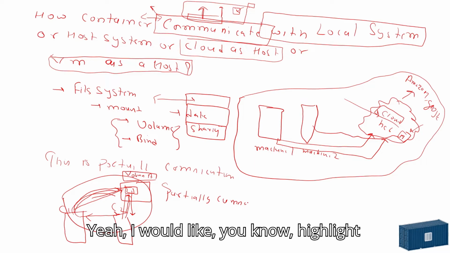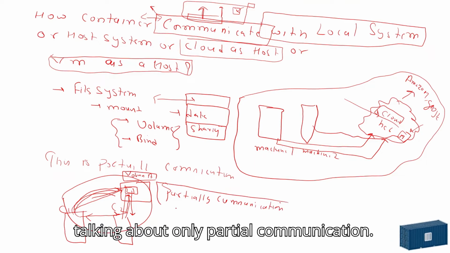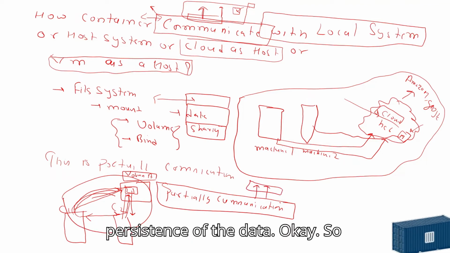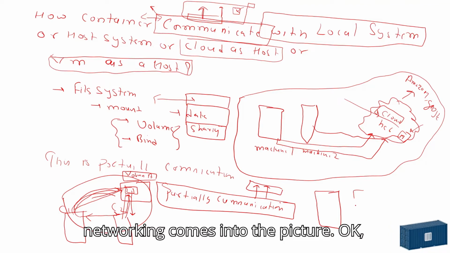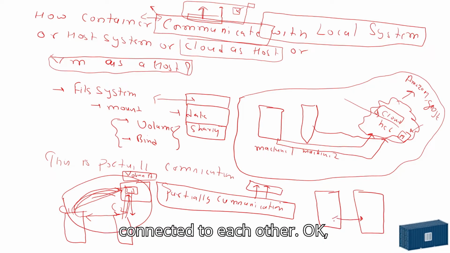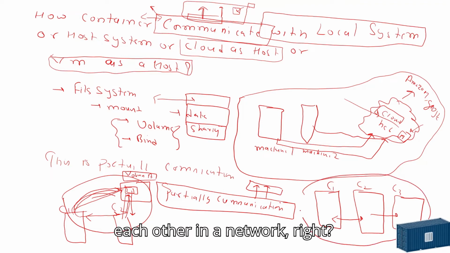I would like to highlight this point here. Till now we have been talking about only partial communication. We have spoken about the persistence of the data. Full-time communication happens when networking comes into the picture. In networking, these containers C1, C2, C3 are connected to each other in a network.